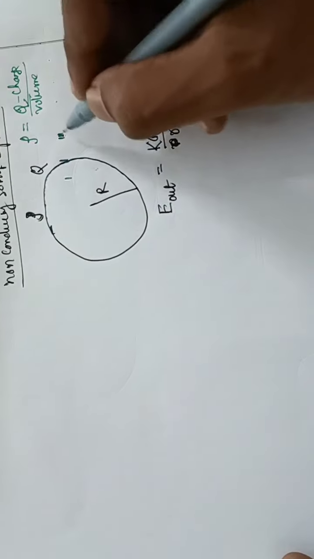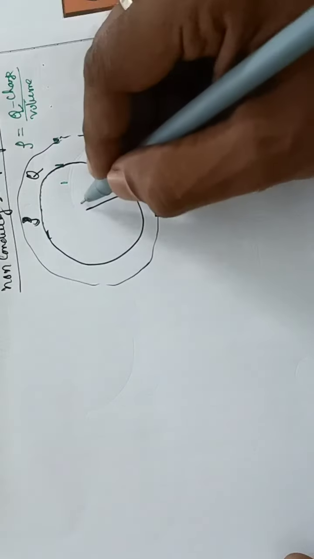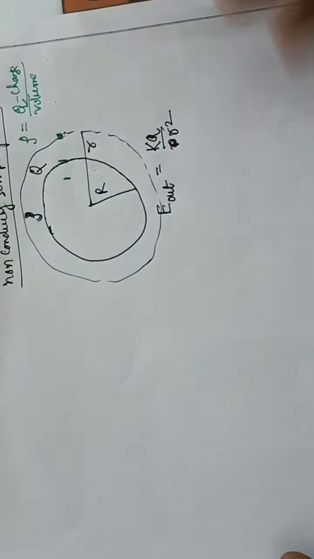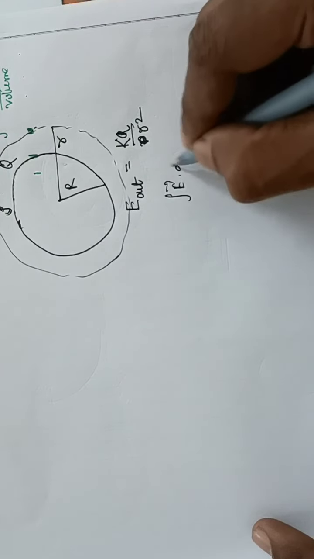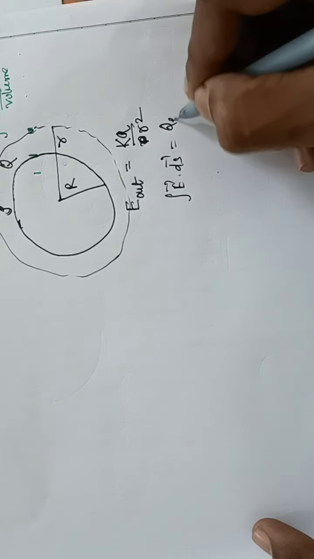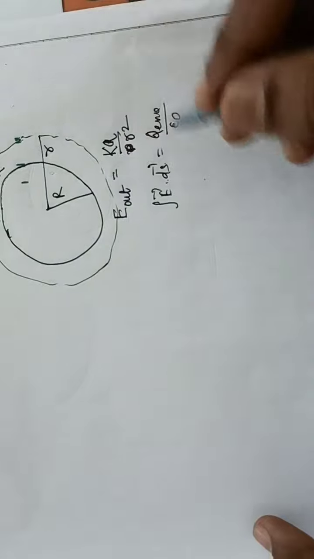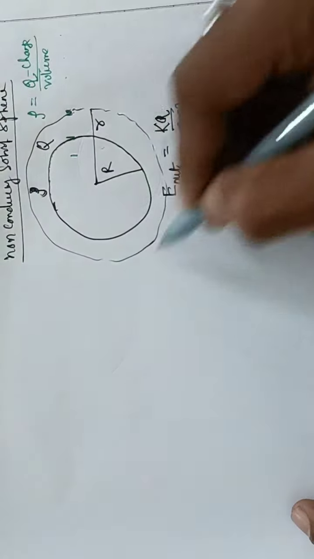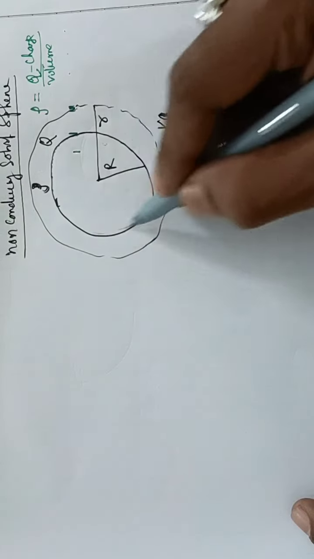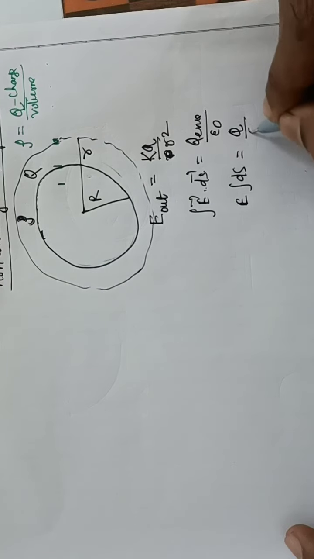This is because if I draw one Gaussian surface here, with radius r, I will write my Gauss law: E dot ds equals q enclosed upon epsilon naught, and E and ds are always parallel. So E integration of ds, and the q amount of charge is enclosed within this Gaussian surface, so this is q upon epsilon naught.